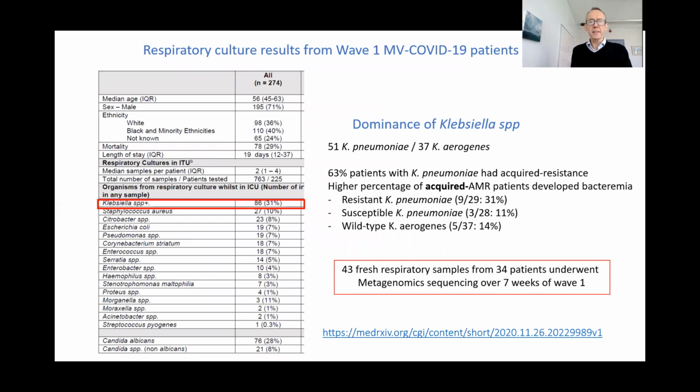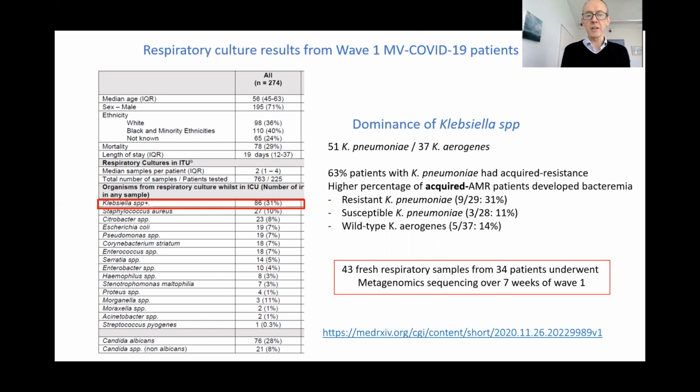So this is an overview of the respiratory culture results from respiratory specimens in wave 1 from our mechanically ventilated COVID-19 patients. Just like all the other studies, Klebsiella species up there, the dominant organism. Now, admittedly, not all, it's Klebsiella pneumoniae and Klebsiella aerogenes, and a few years ago, Klebsiella aerogenes was called Enterobacter aerogenes. And so the reason why Klebsiella seems to be everywhere at the moment is in part because of the name change.